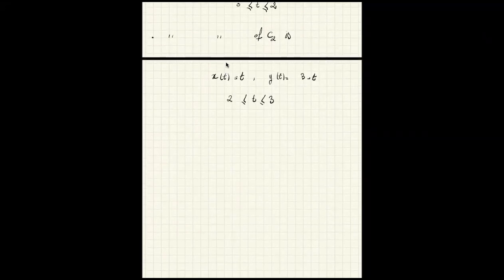So x prime is equal to 1 and dy/dt is equal to 1 over 2 on C1, okay?